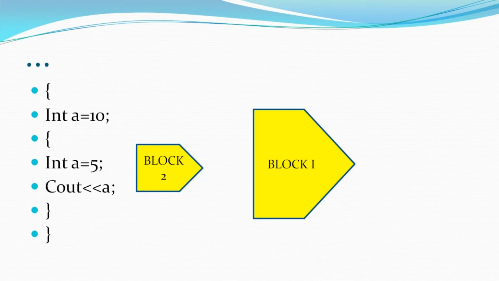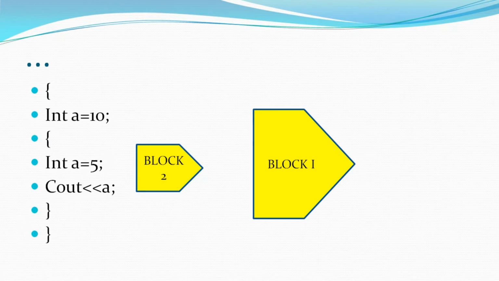And suppose we all know that in C++ nesting is allowed, and this is a very beautiful aspect of the C++ language. Here you can see we started our scope. We defined the integer value, that is int a equals 10. Then we didn't close our first scope.